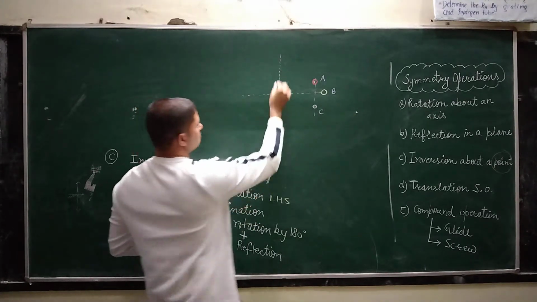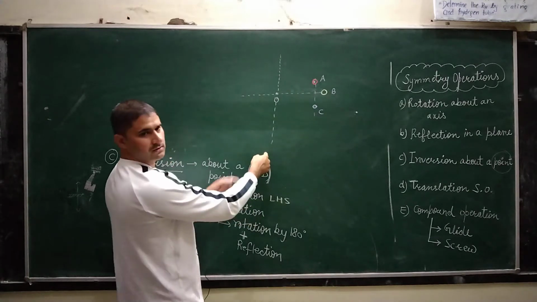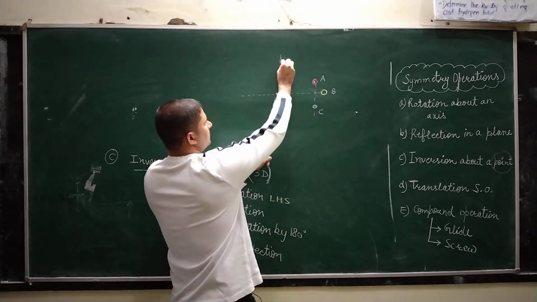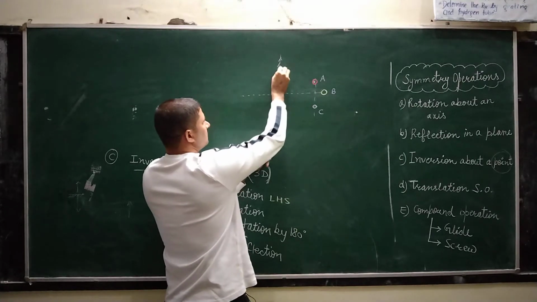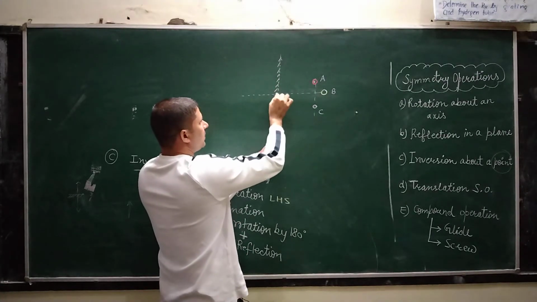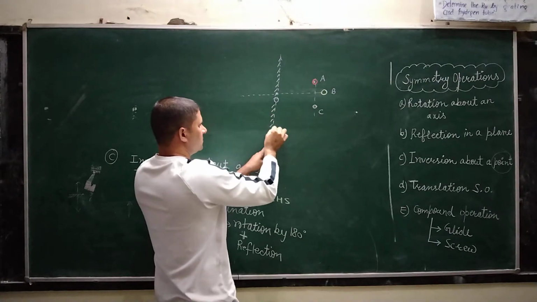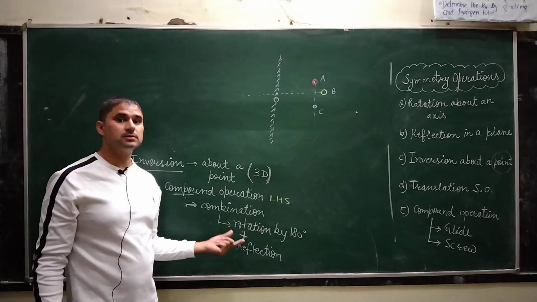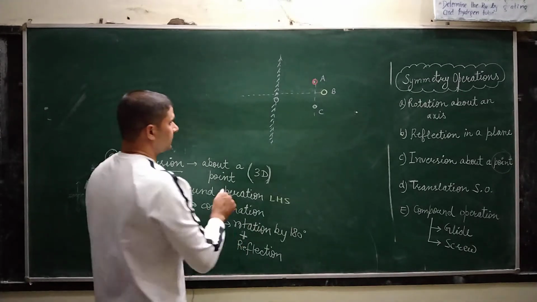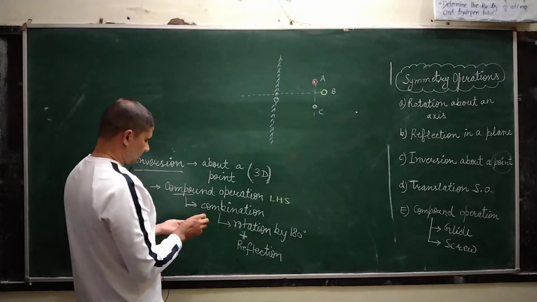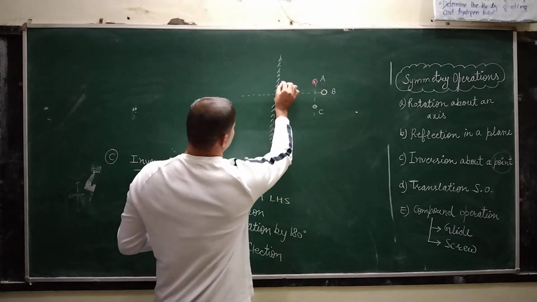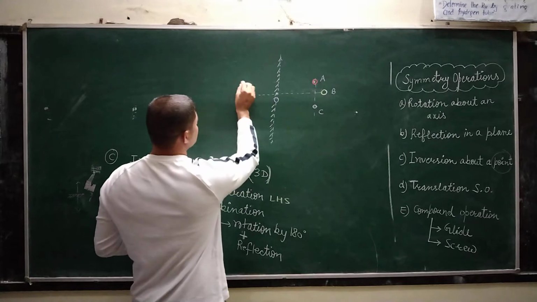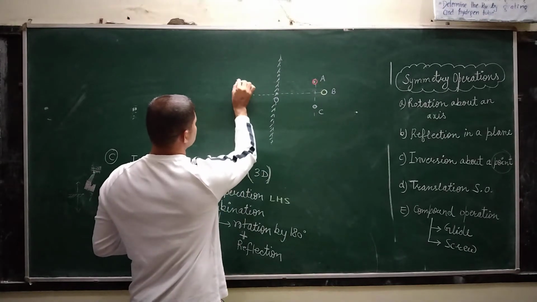Now what we are to do, we will take the mirror image of it. This is the dotted line which is perpendicular to this dotted line, and this is the mirror. Why are we making use of the mirror? Because inversion is a combination of reflection and rotation. So in this case, point A is at this much distance, so it will be here at this much distance.